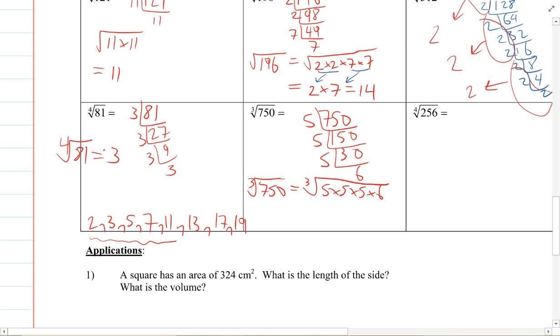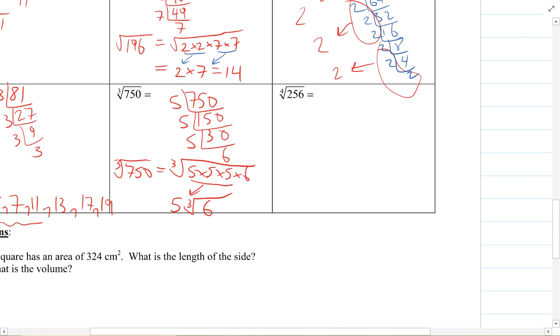So the 6 is a weird one. I could write it as 2 times 3, but I only have that one triple that can come out. So that would be on the outside, and what's left on the inside? 6. So we read that as 5 cube root 6. You're going to see some more of those come up in a couple days.